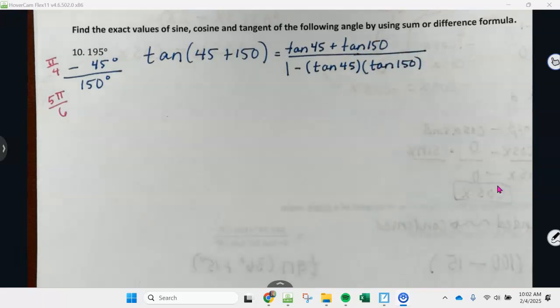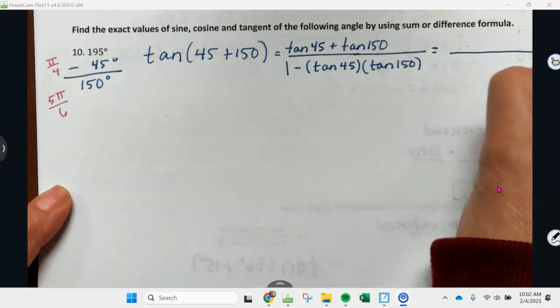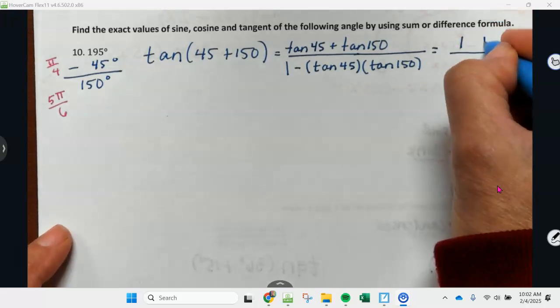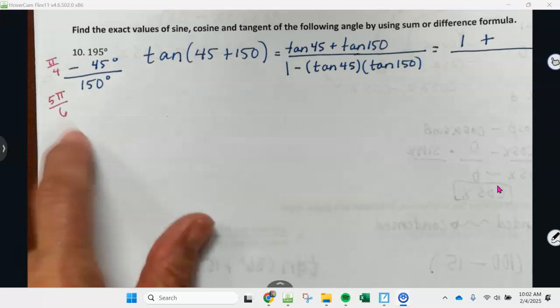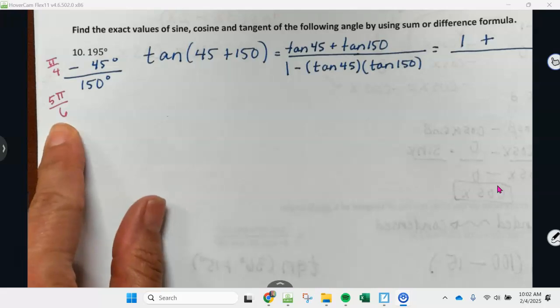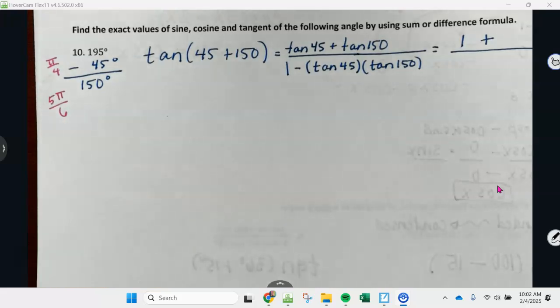All right, here we go. So I'm going to plug in what I know. I know tangent of 45 degrees. What's tangent of 45 degrees? Thank you. It's going to be 1 plus. Another reason why I wrote radians, because I know tangent is based on radians. What is the tangent value of 5 pi over 6?